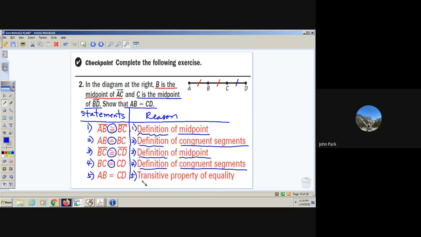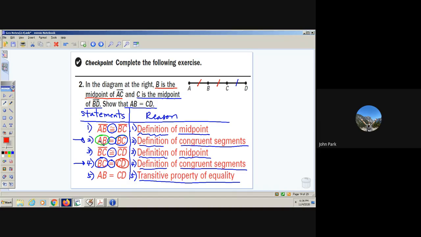So then using the transitive property of equality, that's using step 2 and step 4 together. We start with AB and then AB is the same thing as BC, but then notice BC is the same thing as CD, right?